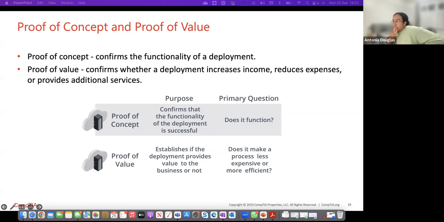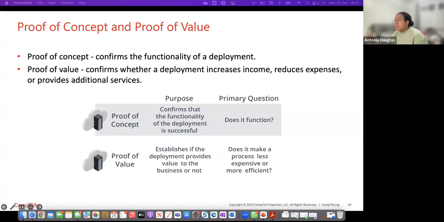Proof of value. It's more difficult to measure because ultimately, by employing these cloud services, there might be a cost saving, but it's not an immediate saving. It might be something that is realized over a long length of time.